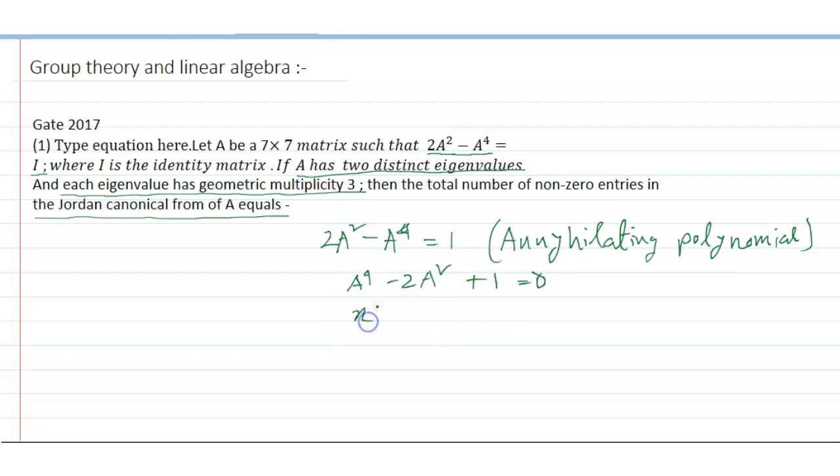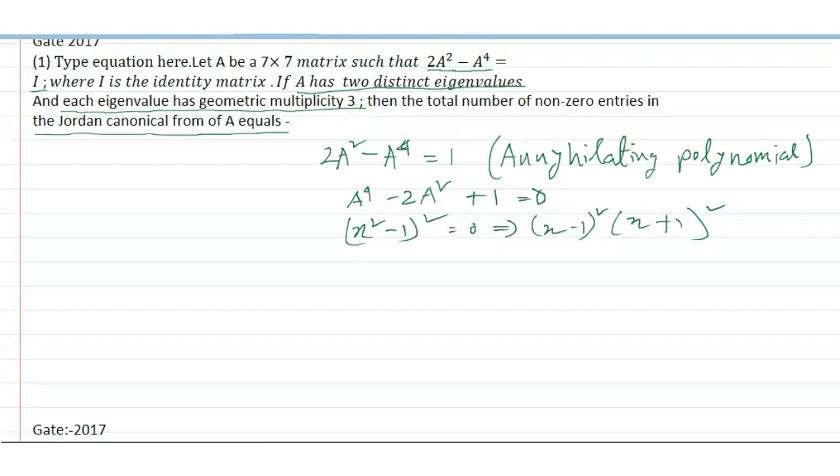The polynomial can be written as x squared minus 1 whole squared equals 0, that is, x minus 1 whole squared and x plus 1 whole squared. The annihilating polynomial is given, but the minimal polynomial is not given.